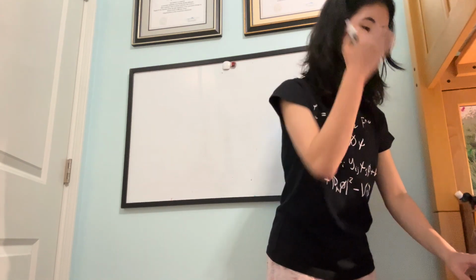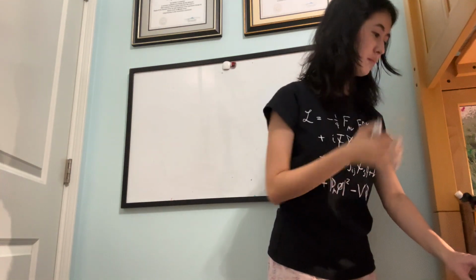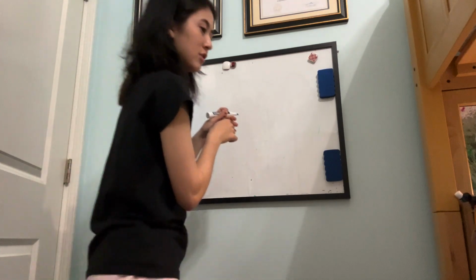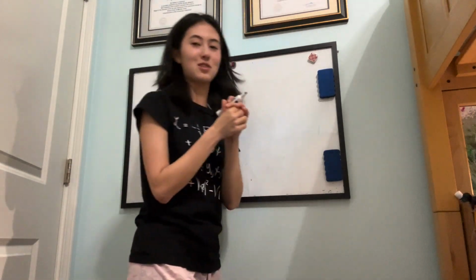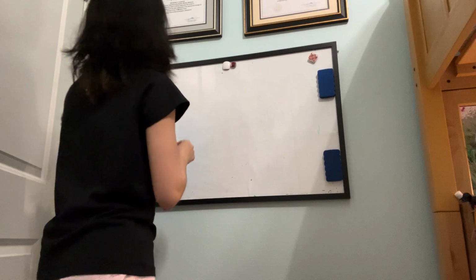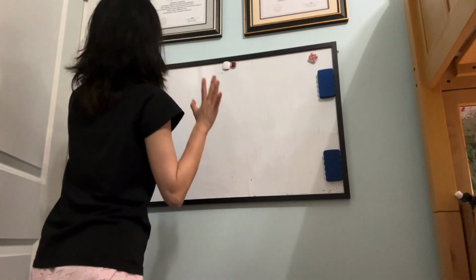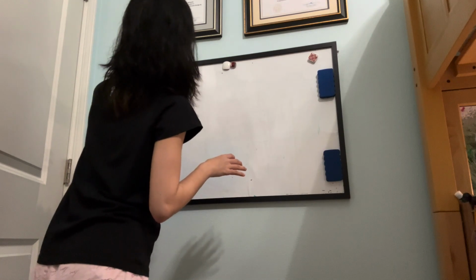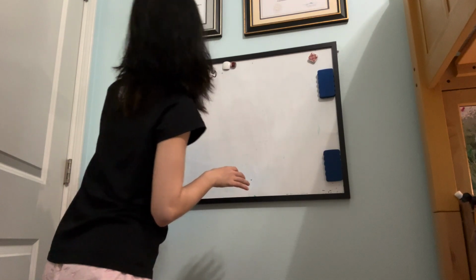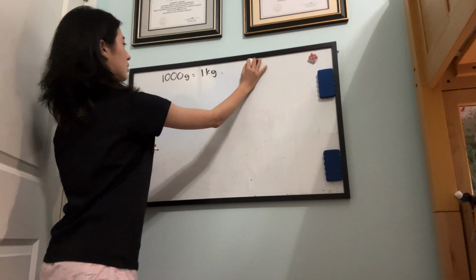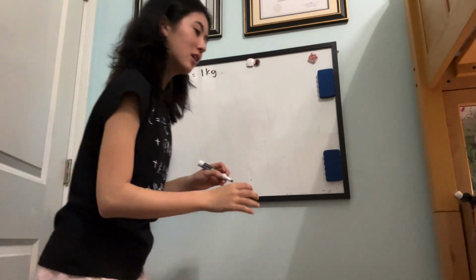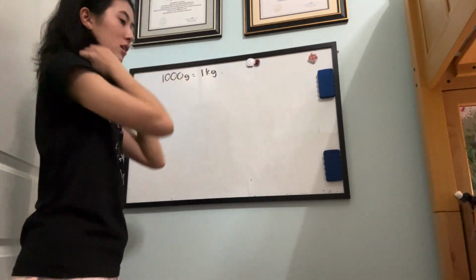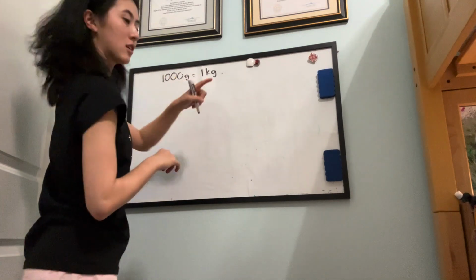And then you may want to have your periodic table on hand. First off, we see our molar mass is in grams per mole, and just so that we don't make a mistake, 1,000 grams is equal to 1 kilogram, right? So we can make that conversion already.